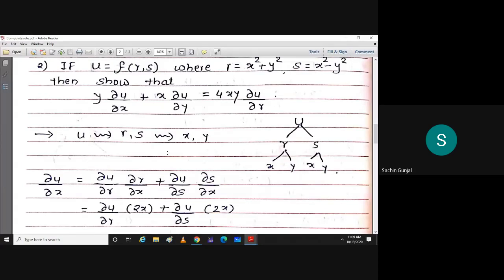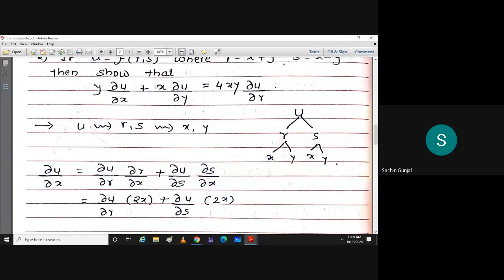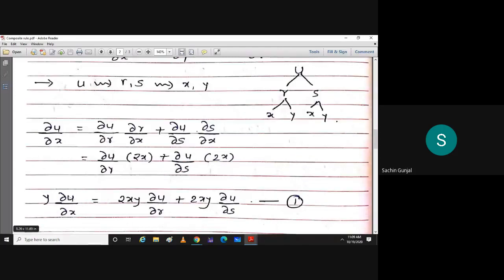Now you multiply by y because the first term is y ∂u/∂x. So y ∂u/∂x is equal to 2xy ∂u/∂r plus 2xy ∂u/∂s. Now this is the first equation.